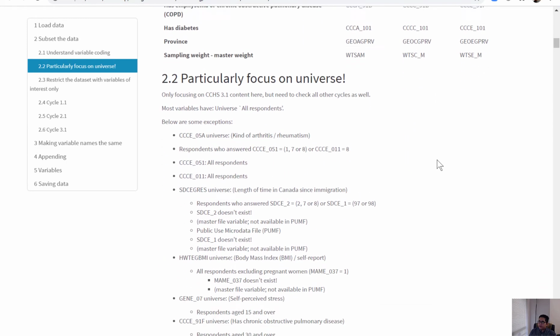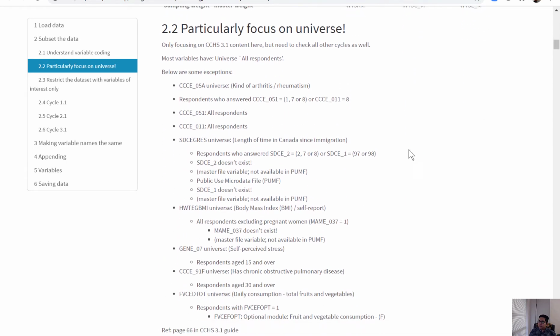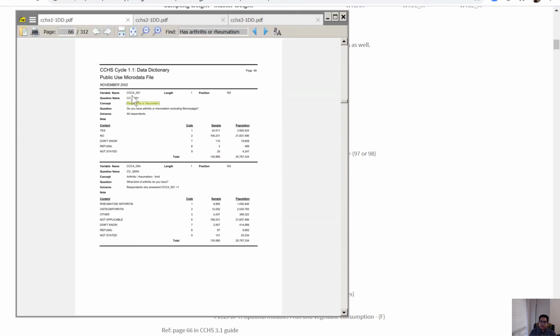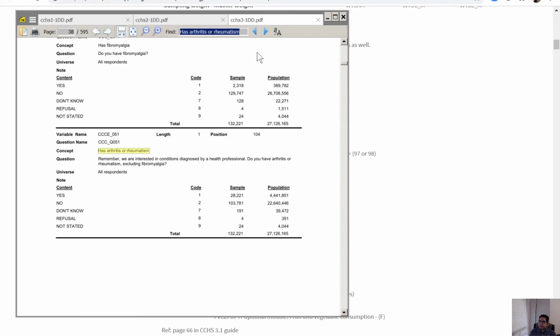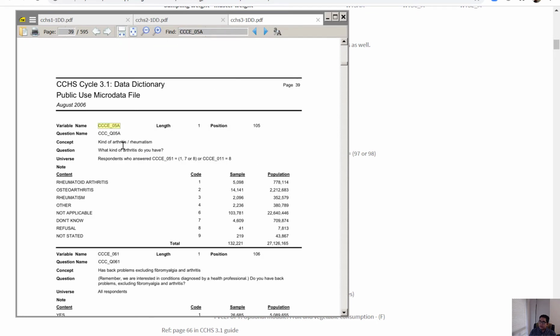One of the very important aspects of this is the universe. Say for example, when I was looking at the universe of this variable for CCHS 3.1, the universe is people who responded to another question.